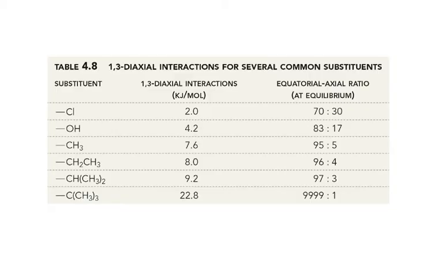A methyl that has a 1,3 diaxial interaction has an energy penalty of 7.6 kilojoules per mole, and a chlorine is only 2. And so 2 chlorines is still just 2 times 2 is 4. So even with 2 chlorines, that has an energy penalty of 4. That's still less than the 1 methyl at 7.6.